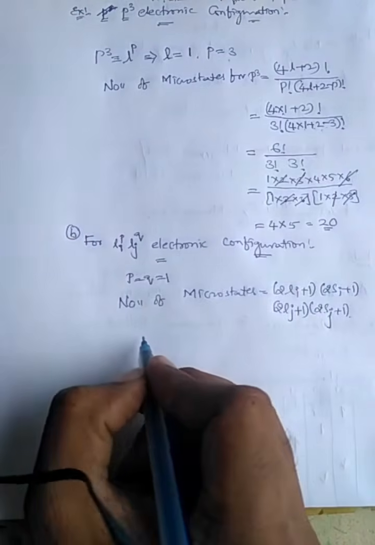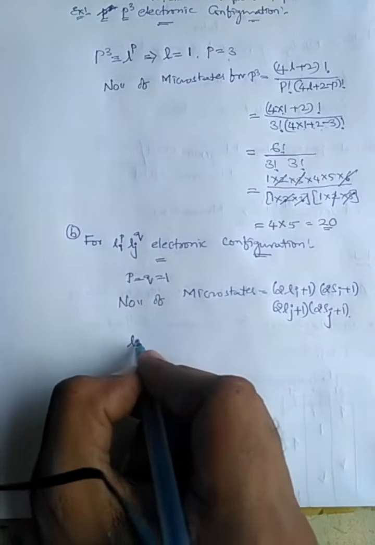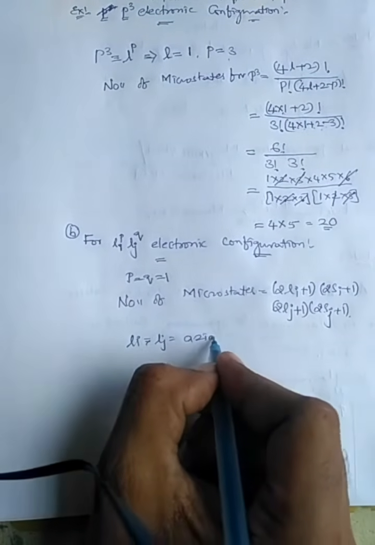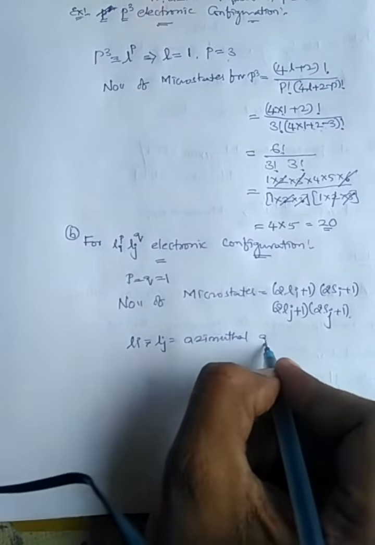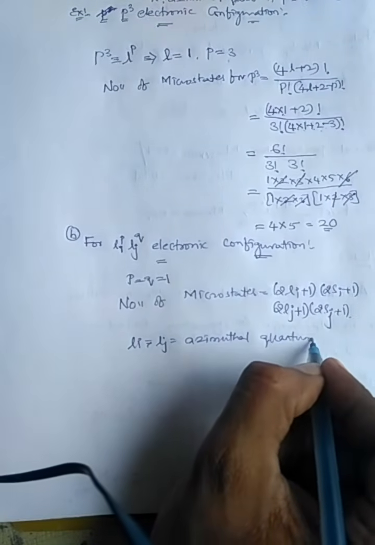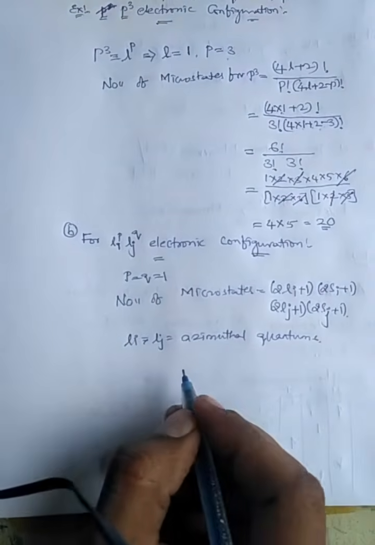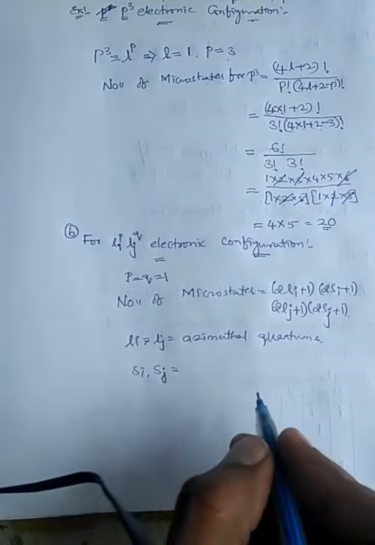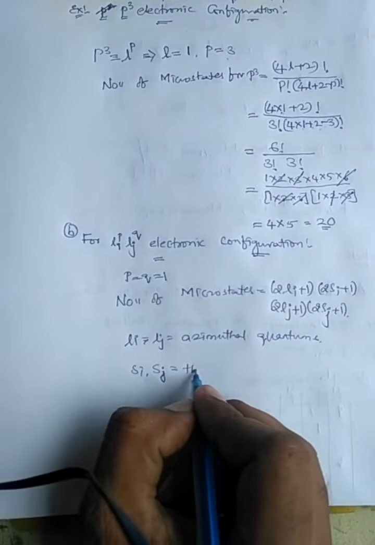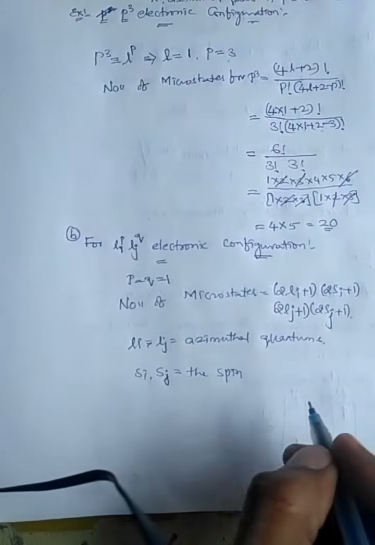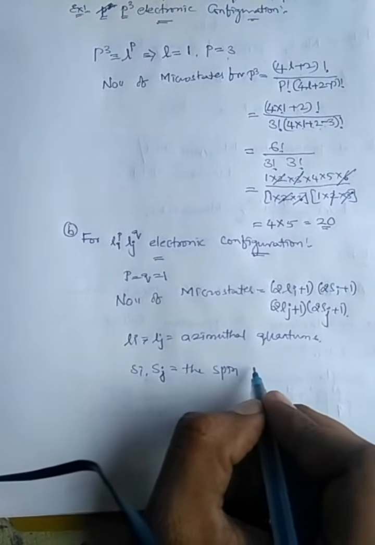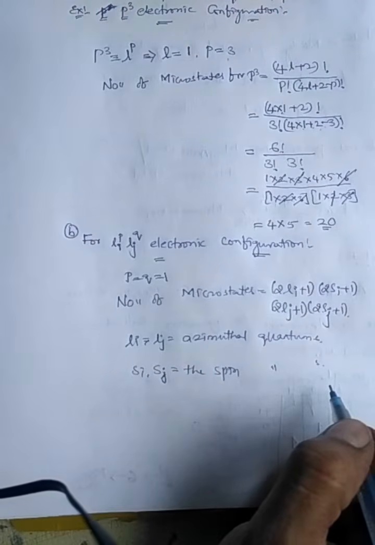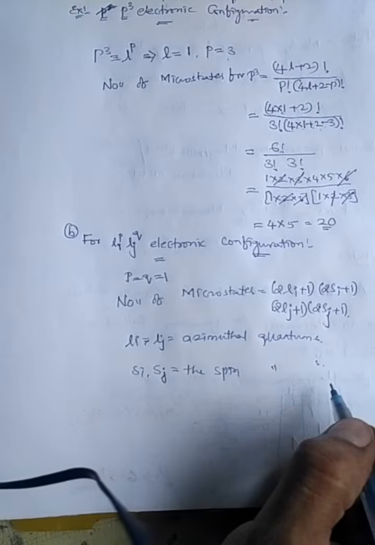Where Li and Lj are nothing but the azimuthal quantum numbers for the orbitals, and Si and Sj are nothing but the spin quantum numbers of the electrons, or spin values for the electrons, right?